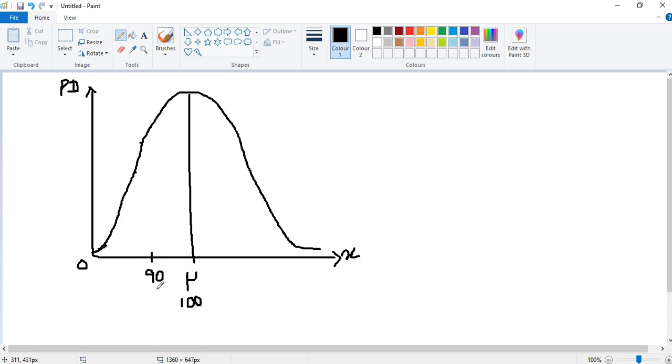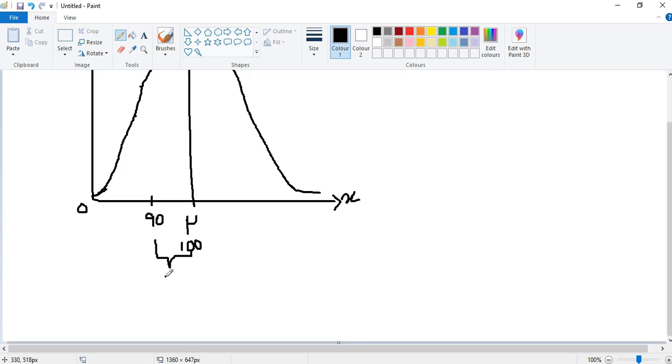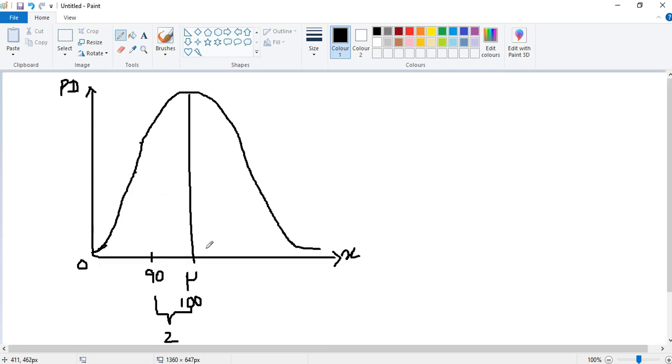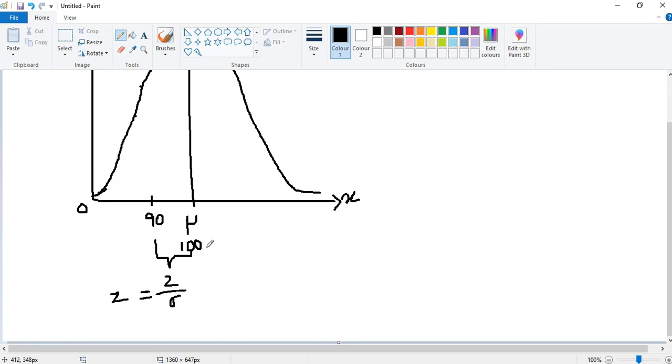Okay, so the gap between this we can't take straight away, because to find the z value, of course it is the gap between these two, but that divided by the standard deviation only will give your actual z value, because simply you can't take the difference, but ideally it's the gap between your mean and the x value. That idea you must have in your mind.